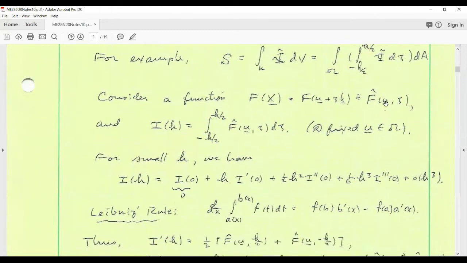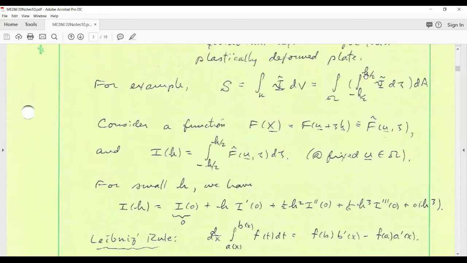So I'll call that f hat of u and zeta. And the idea is we want to integrate that through the thickness as indicated here in the strain energy. And here in this interior integral, we're integrating on zeta at a fixed value of u. And then when we're done, we integrate with respect to u over the plane omega.